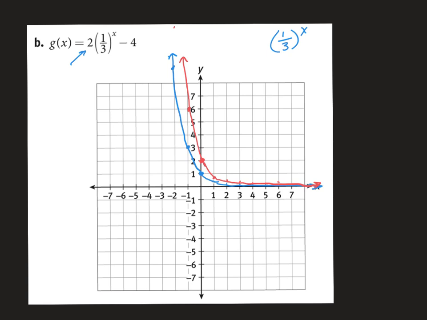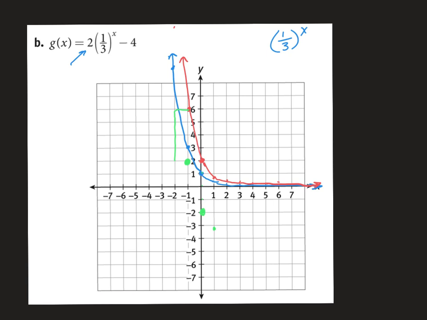And then our last transformation moves everything down 4. So where this one was at 6, it's going to go down 1, 2, 3, 4 units, and it's going to be here. And where this one was at 2, it's going to go down 1, 2, 3, 4 units, and it's going to be right there. This one was at 2/3, down 1, 2, 3, 4 units.